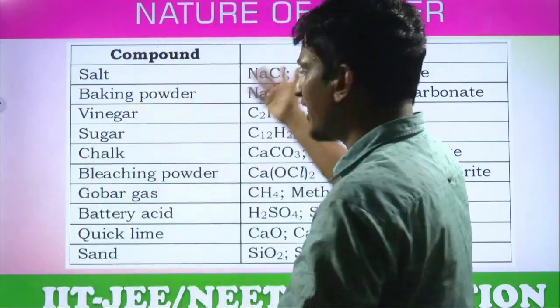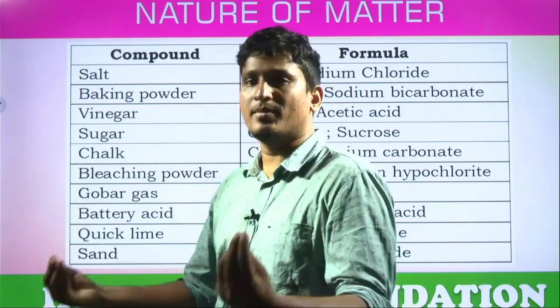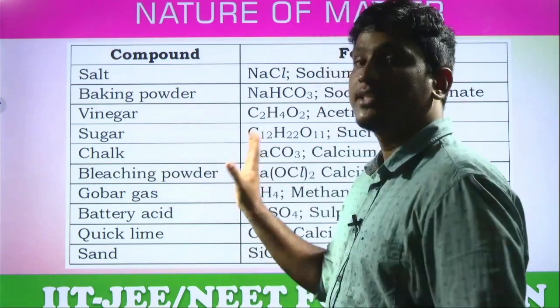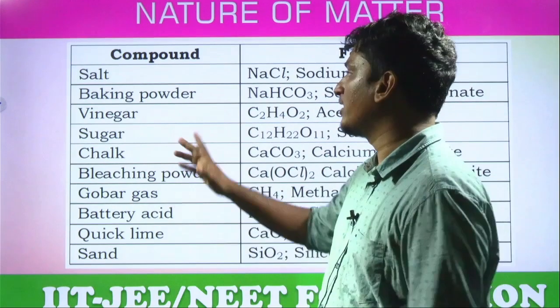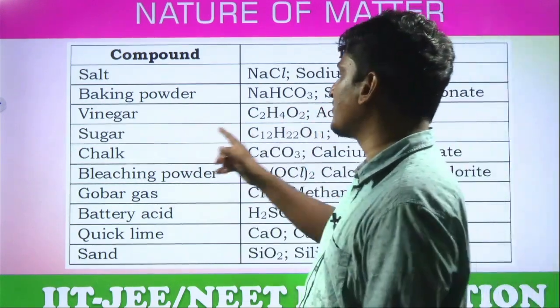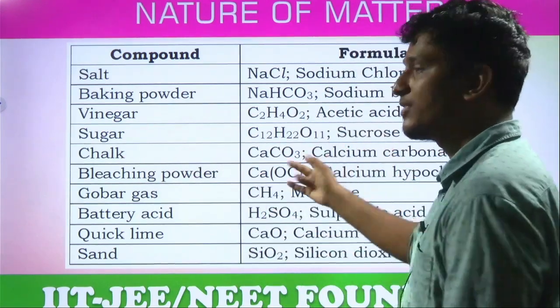So salt has different names. Every compound should be called by a particular name. Salt, sodium chloride: these are the common names, and these are the scientific chemical names. Baking powder, sodium bicarbonate, NaHCO3. Vinegar, CH3COOH or acetic acid, this is the condensed formula. Sugar, C12H22O11, sucrose. Chalk, calcium carbonate, CaCO3.